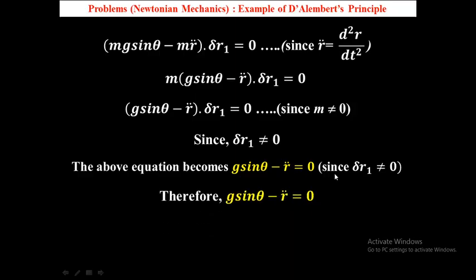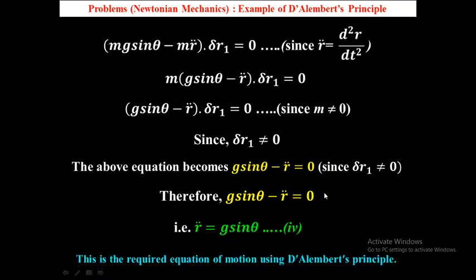If I bring r double dot to the other side, r double dot is equal to g sin theta. Suppose this is equation number 4, so this is the final required equation of motion for that problem using D'Alembert principle.